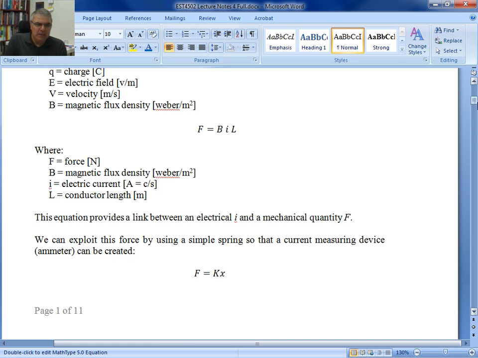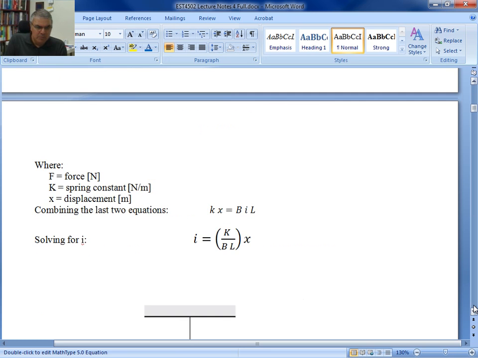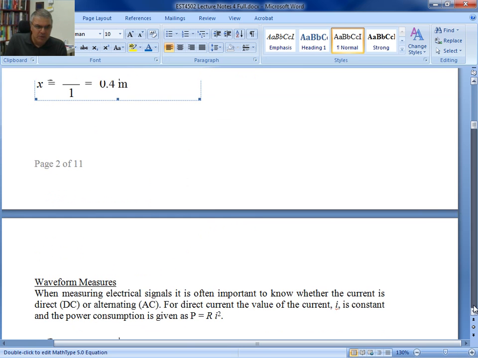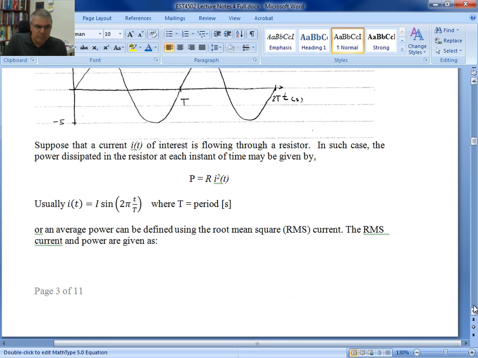So BIL or LIB, some people like to use that because it's easier to remember the formula. The conductor length is L, I is the electrical current, and B is the magnetic flux density expressed in Weber per square meter.